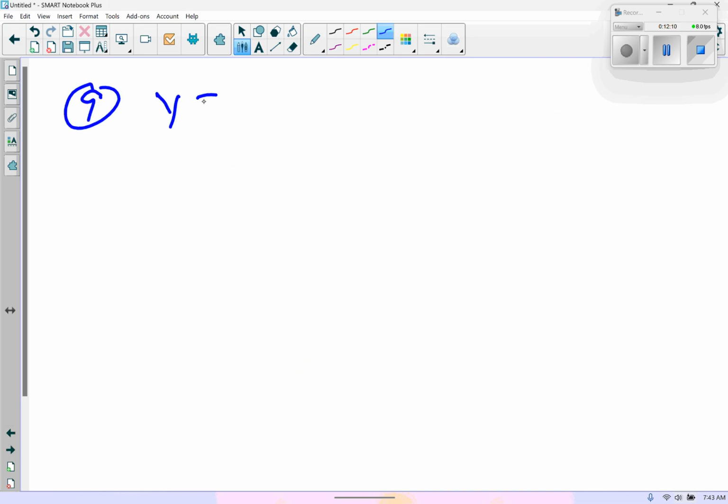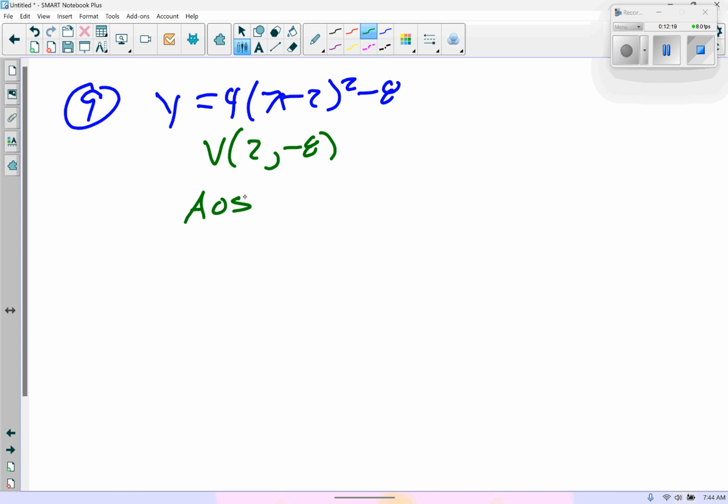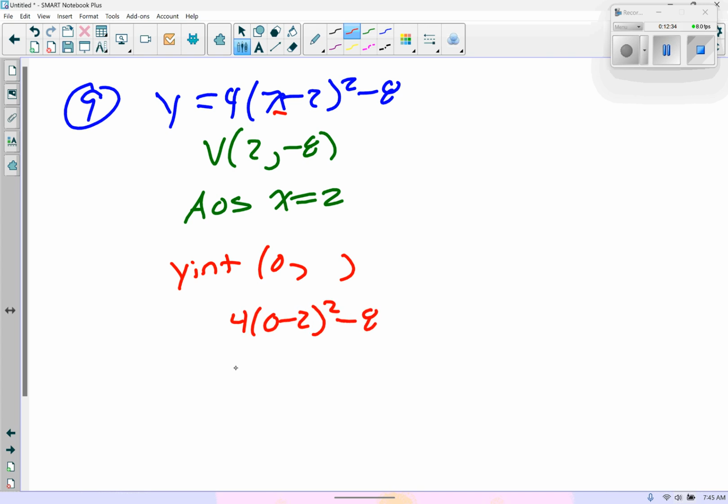Number 9, I have y equals 4 times (x minus 2) squared minus 8. My vertex is 2, negative 8. My axis of symmetry is x equals 2. Let's see, and we can find the y-intercept by plugging 0 in for x up here. So I'm going to get 4 times (0 minus 2) squared minus 8. This 0 minus 2 is negative 2. Negative 2 squared is 4. So that's going to give me 16 minus 8, which is 8.